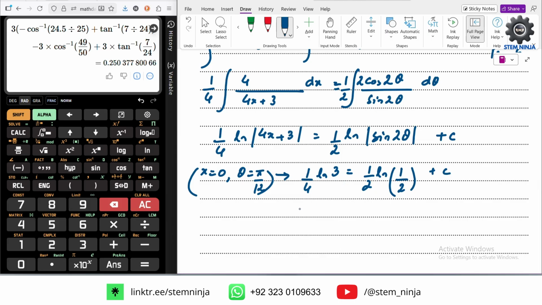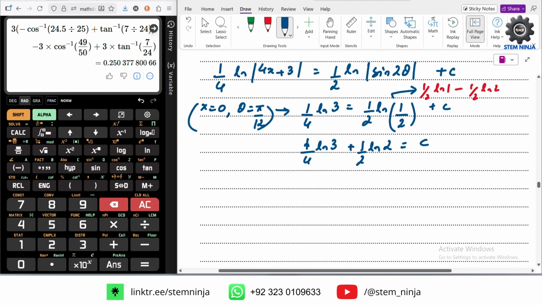Right, so this is 1/4 ln 3. See, this would expand into half of ln 1 minus half of ln 2. Half of ln 1 is 0, so when it goes on the other side, this becomes half of ln 2, plus c.